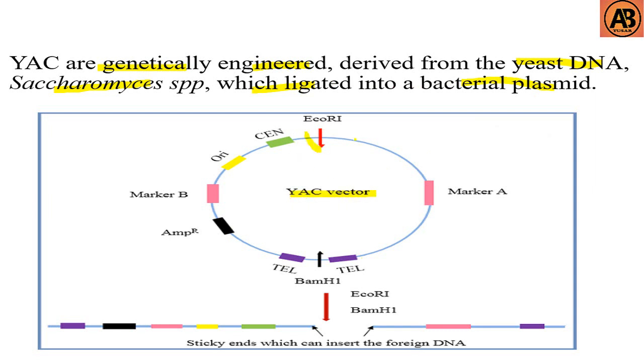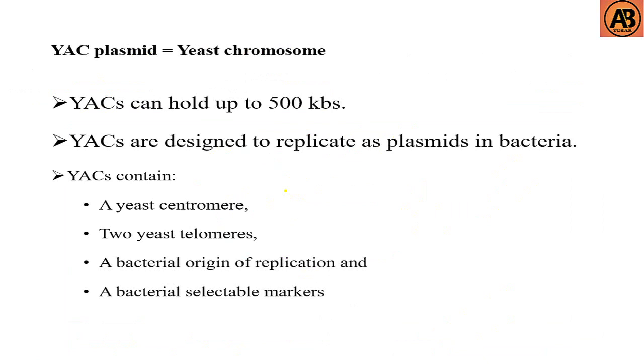This is the restriction site, restriction enzyme, then marker A, marker B, then this is the origin, and this is cutting with the restriction site, and sticky ends which can take in the foreign DNA. This is the linear form, and this is the circular form. So this is the yeast artificial chromosome.